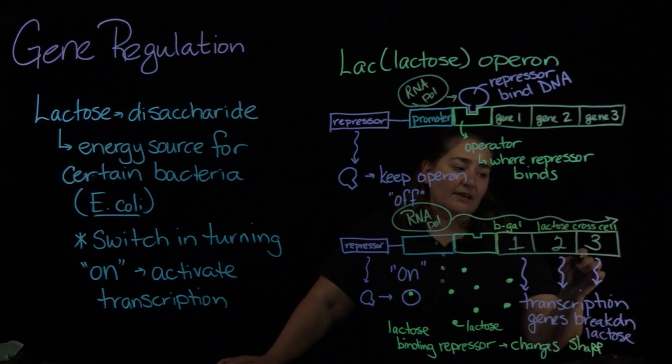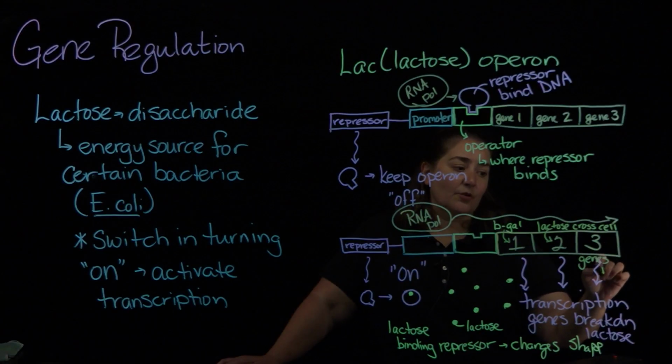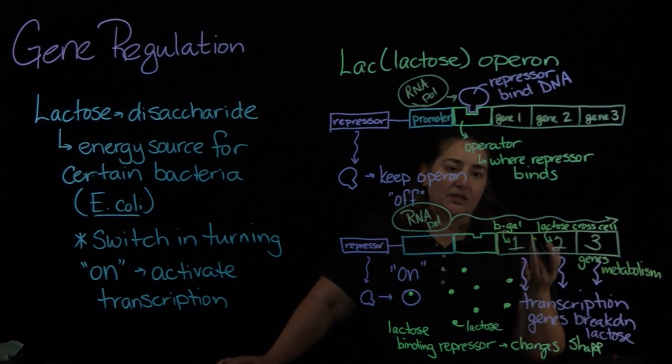And you're going to have genes, this third one over here, we'll call this one the one that's crossing the cell wall. This breaks down the lactose. And you're going to have genes that are going to be important for metabolism, okay? So you've got 3 genes that are made. Typically, those 3 genes, once they're made, will start breaking down lactose.